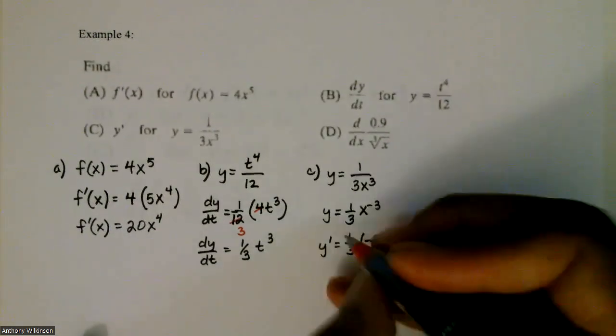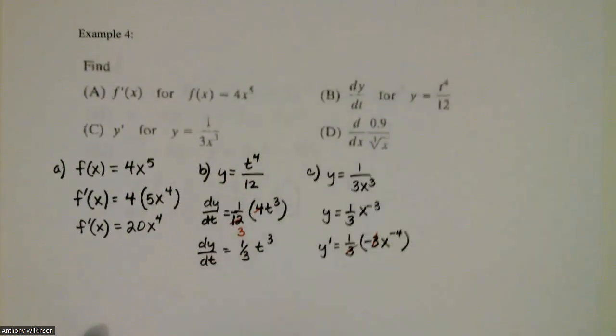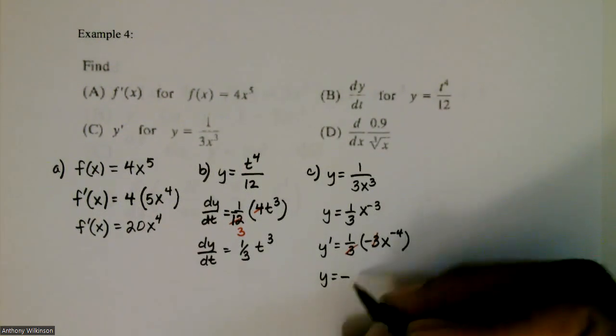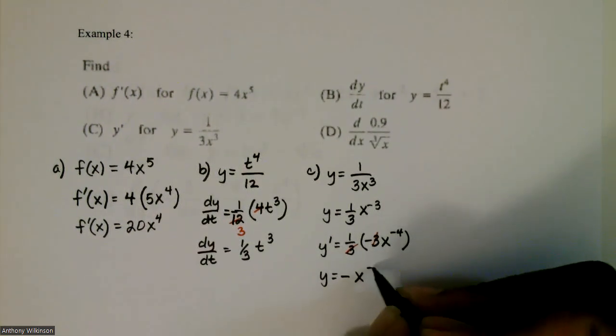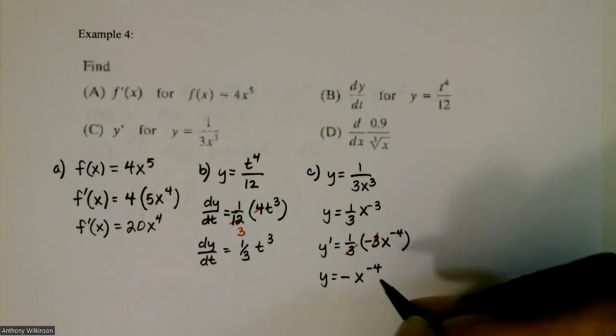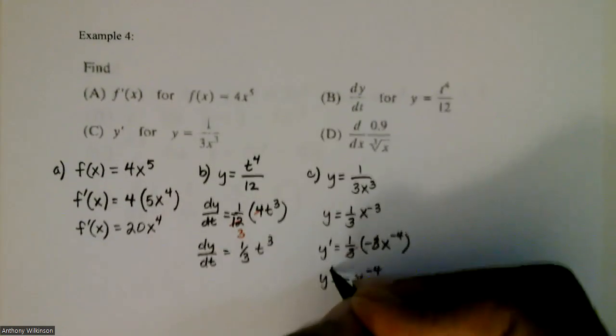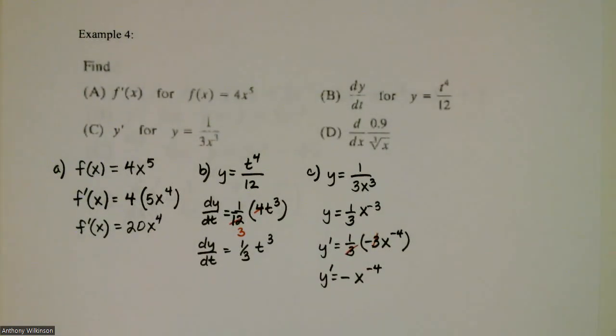You can see here that your 3 is going to divide out. You'll have a negative in front. So y prime will be negative x to the negative 4 power.